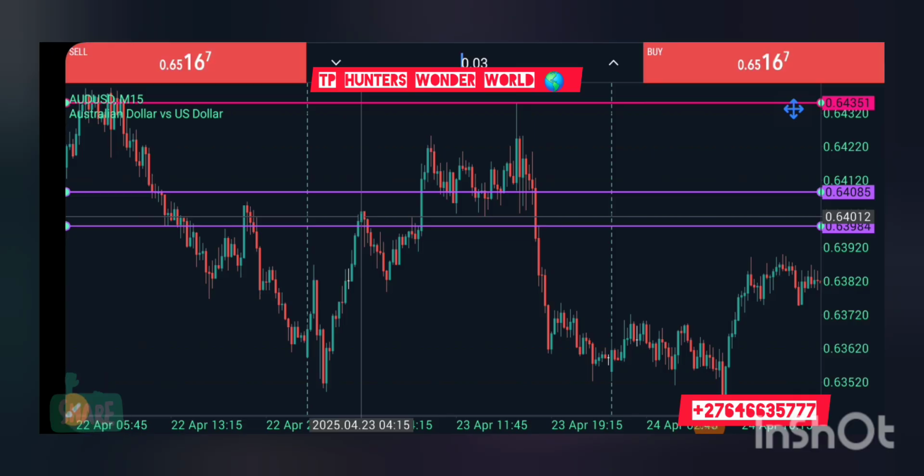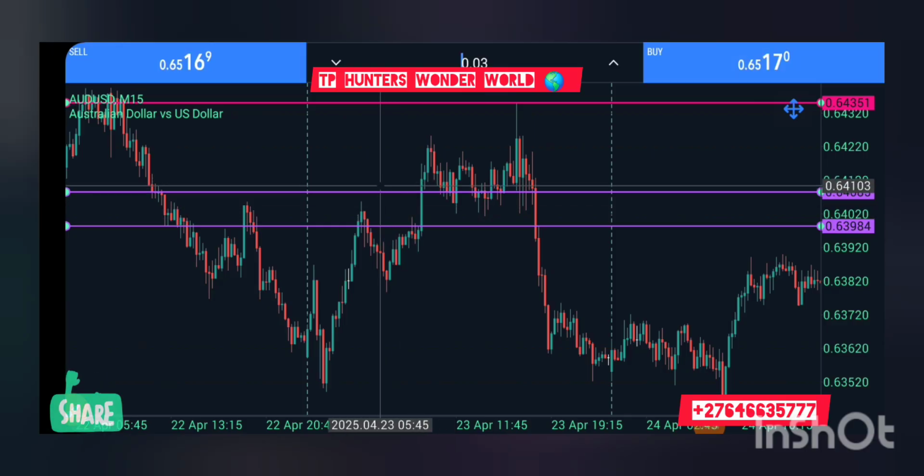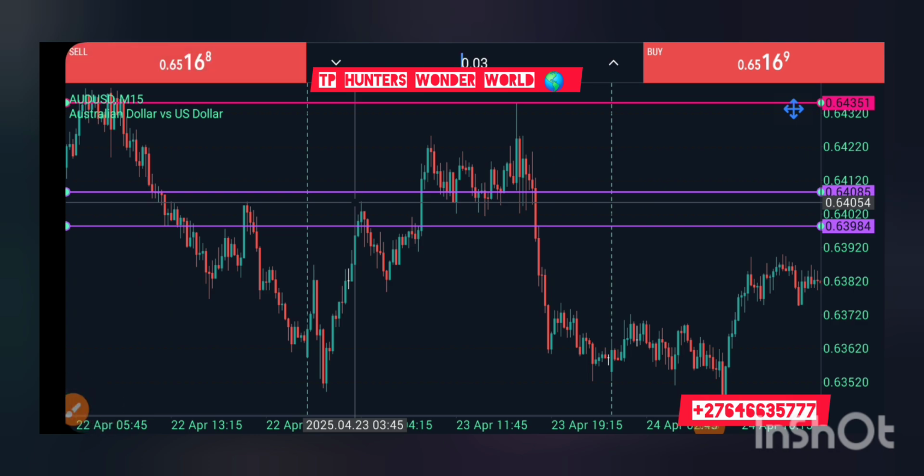Price will always break the recent highs or the resistance. Then the example I wanted to give you: if price breaks the recent high and then forms a fair value gap.